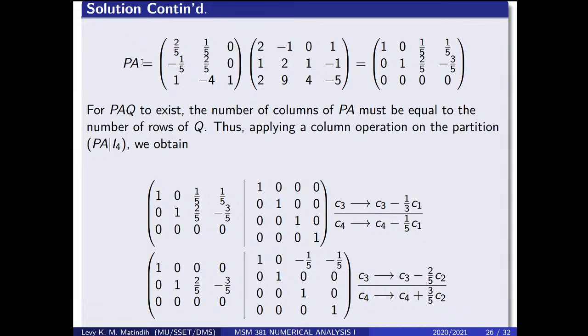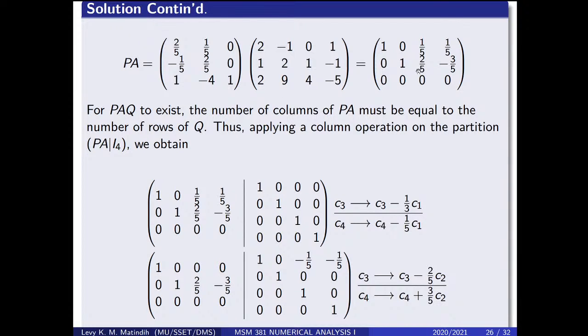We need to find the matrix Q by applying the column operations on the product PA. Now, the question is, when can this product PAQ be possible? This can only be possible if the number of columns in the matrix PA is equal to the number of rows of the matrix Q. Now, how many columns are in the product of P and A?